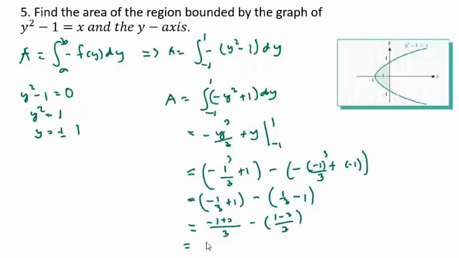Simplifying further, negative 1 plus 3 is 2/3, minus 1 minus 3 is negative 2/3. Therefore 2/3 minus negative 2/3, so the answer is 4 over 3. So the area is 4 over 3.